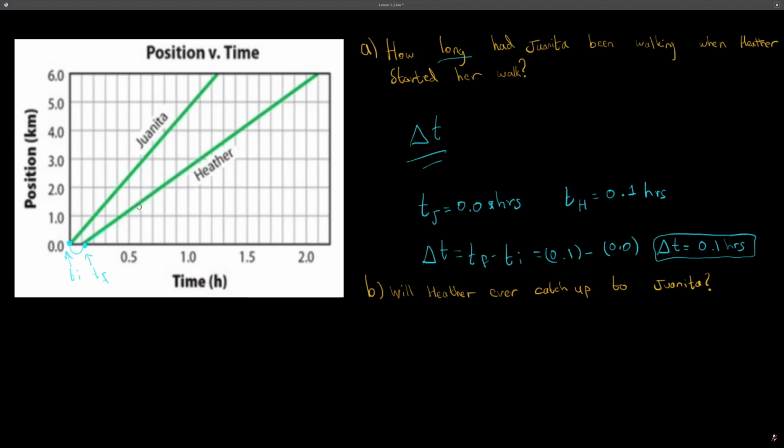If you wanted to calculate the average speed here, we would take rise over run. We can take easier numbers like t equal to 1, t equal to 2. So we do y1 minus y2, so we do 5.5 minus 2.5.